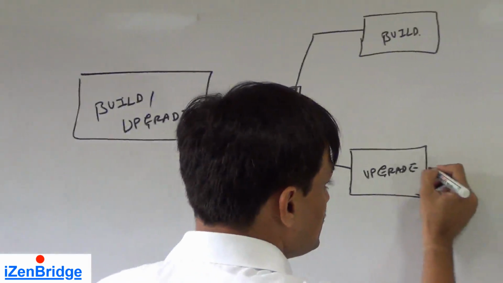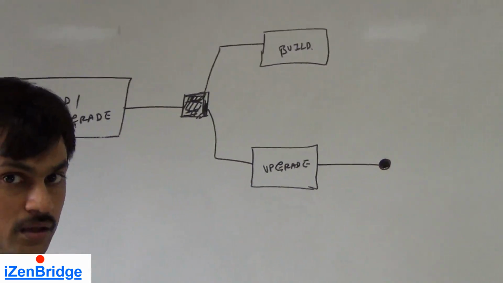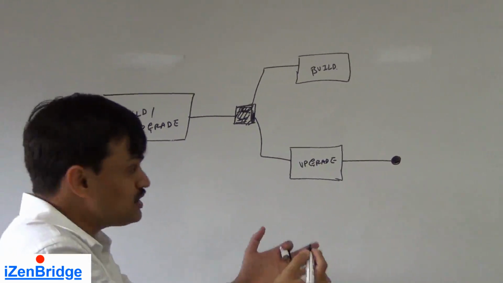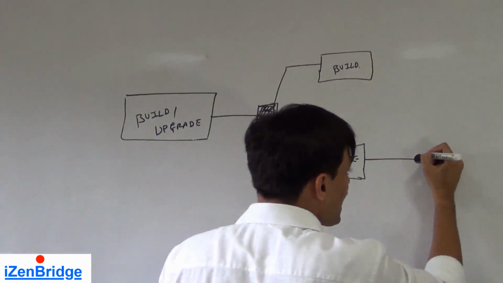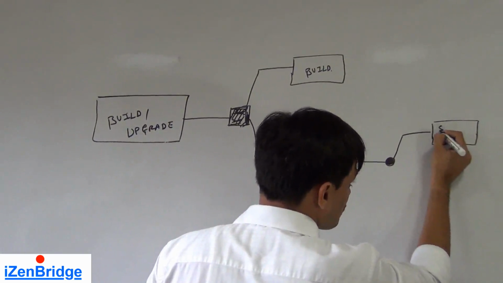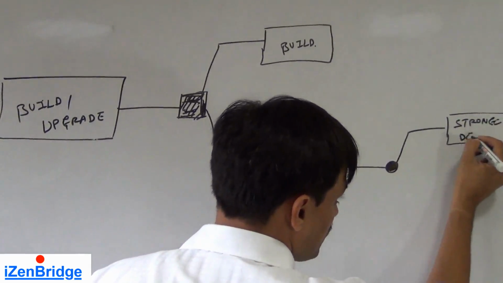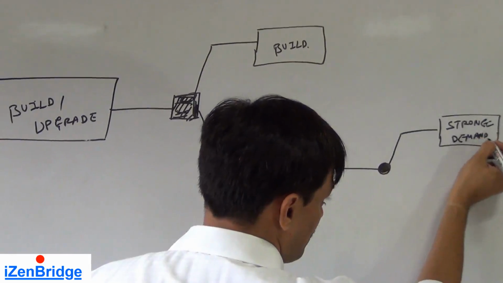After decisions, there is a chance node. So what will happen if you upgrade? There is a chance that you may have a strong demand, like the market is favorable and you may see a strong demand in the coming time.